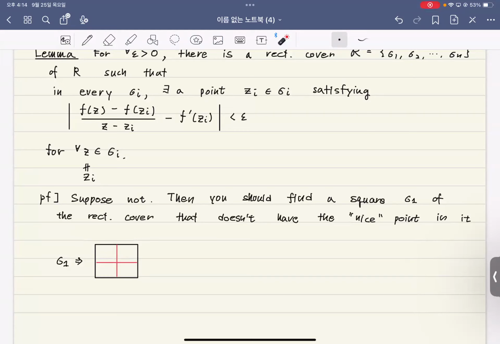So at least one of these 4 squares does not allow such a nice point inside. I'm going to call this one sigma 2.